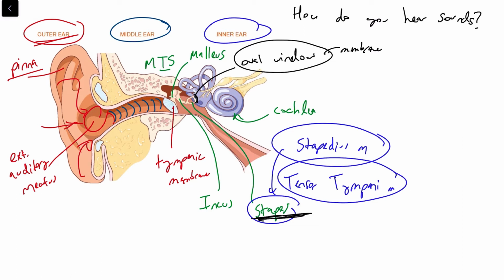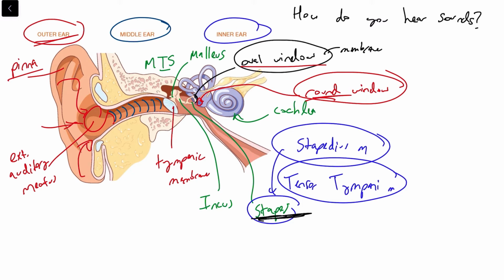But another structure I want you to note here is that in addition to the oval window, the cochlea also has this thing called the round window. The purpose of this round window is basically to relieve pressure waves, because if you had a balloon and you only had one entrance to this balloon, if you were to press on that and create a pressure wave inside that balloon, that pressure wave is just going to resonate inside that balloon and never leave.